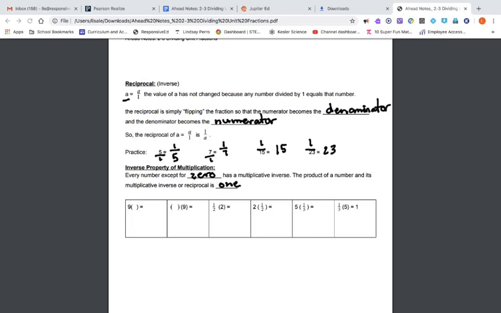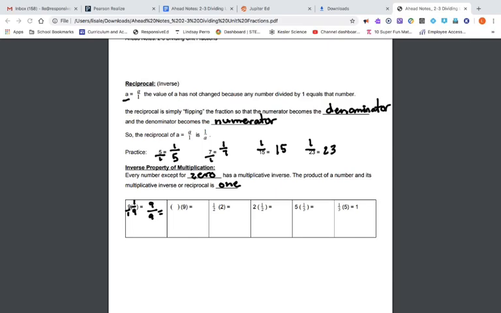We'll do some down here. I have some examples. I have 9. Again, pretend like that 1 is underneath there, even though I don't have to show it. My inverse or reciprocal is 1 over 9. Agree? So according to what we've been doing for multiplication, I multiply my numerator with my numerator, so 9 times 1 is 9. And I do the same thing to my denominator, 1 times 9, which is 9.